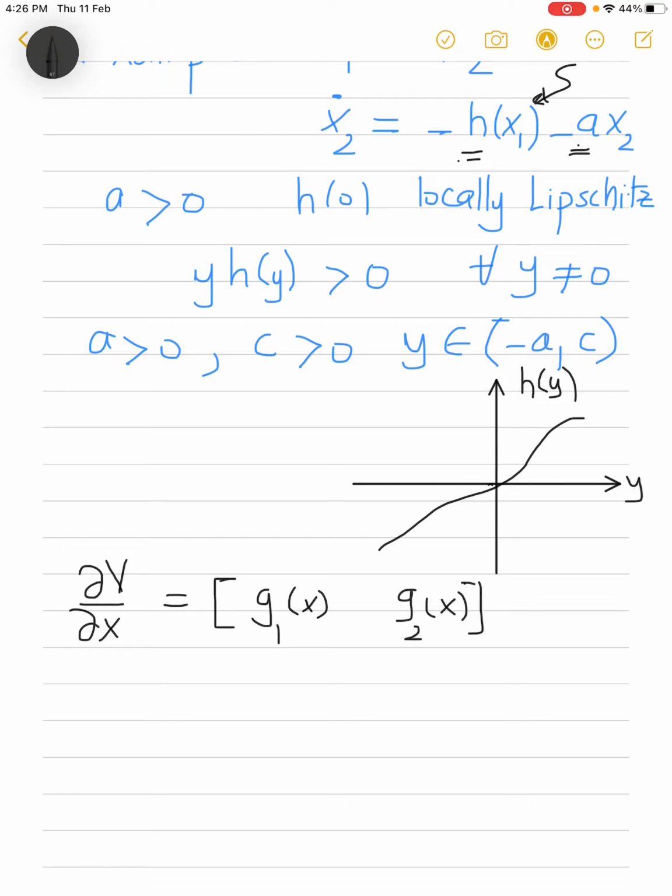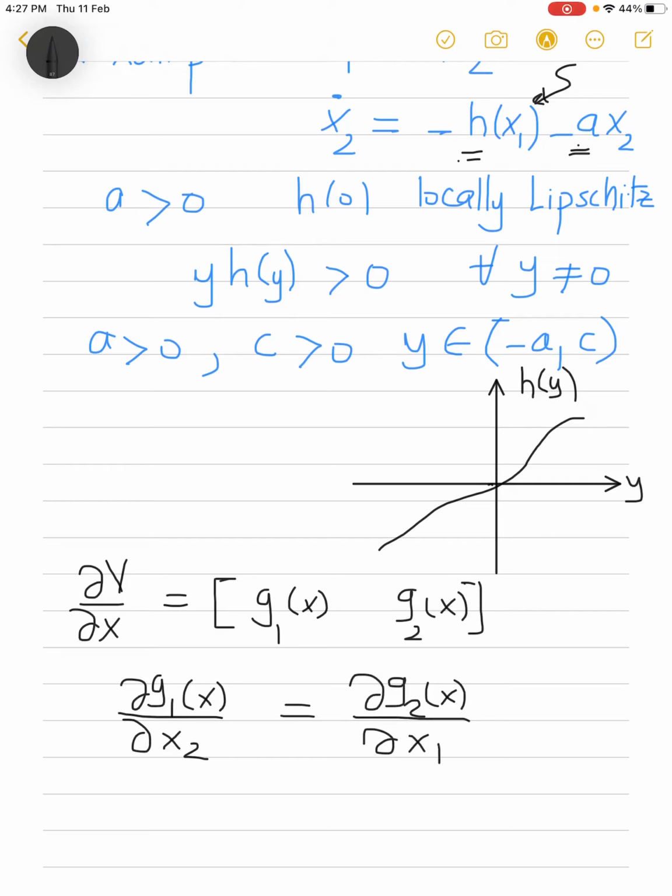Now, since g is the gradient of a scalar function, as I mentioned before, that means that the Jacobian will be a symmetric matrix, and that will mean that the partial derivative of g1 with respect to x2 should be equal to the partial derivative of g2 with respect to x1. So this follows from the symmetry of the Jacobian matrix.